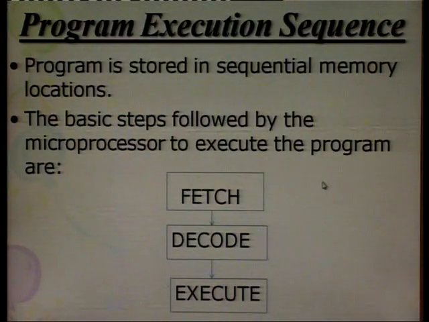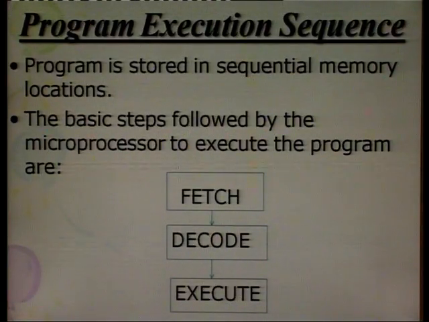Fetching means to get data from the memory into the instruction register. For this purpose the microprocessor places the address, which is in the program counter. That is, the contents of the program counter are placed on the address bus, and necessary signals like the ALE signal, IO/M-bar signal, and read signal are generated.